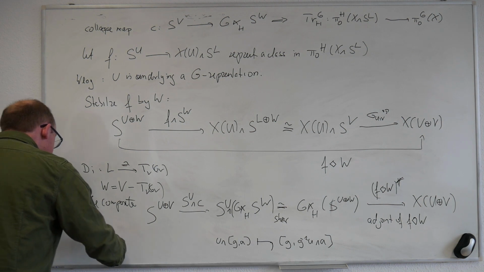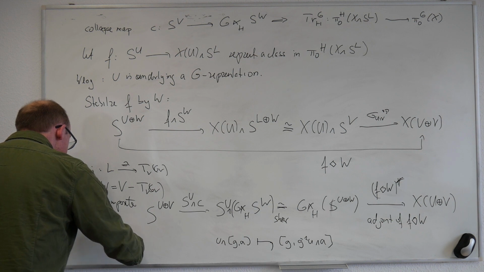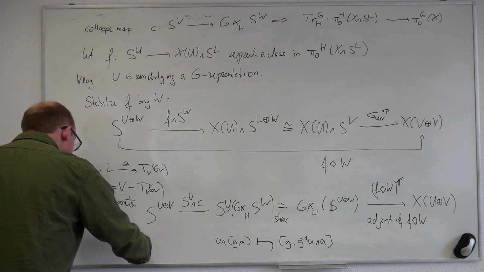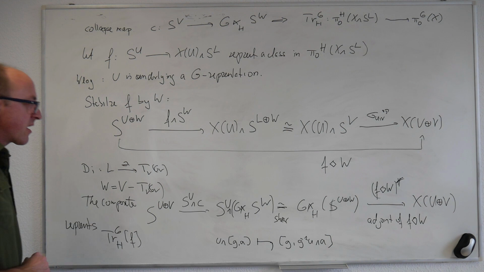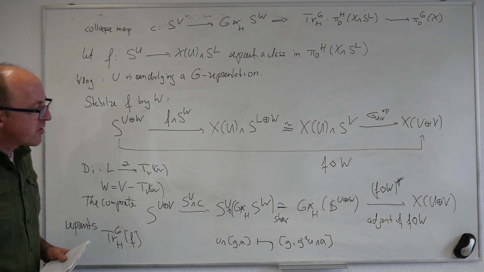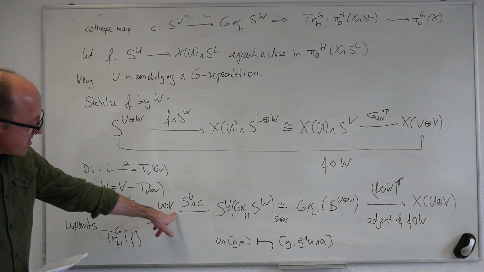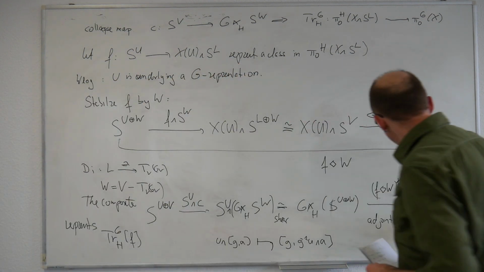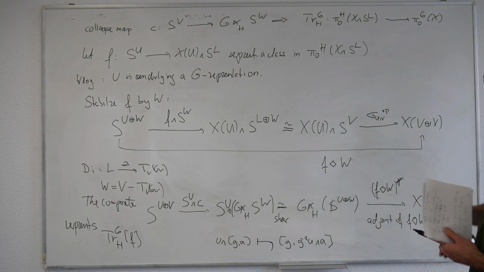So this represents the class that I wrote capital transfer R, the dimension shifting transfer, applied to the original class F, and it lives exactly where it's supposed to live, because the G representation here is the same as the G representation here. It's a G equivariant based map.